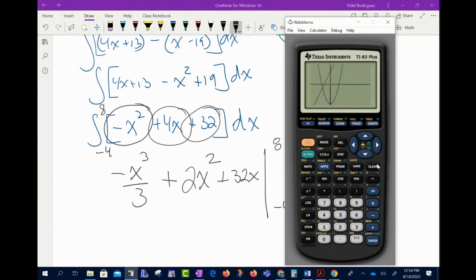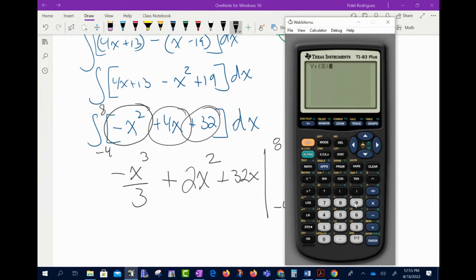My suggestion here is to clear all this out, go back to your y equals, and type in what I have there: negative 1/3 x to the third, plus 2x squared, plus 32 with an x. Enter that in, and then quit this.